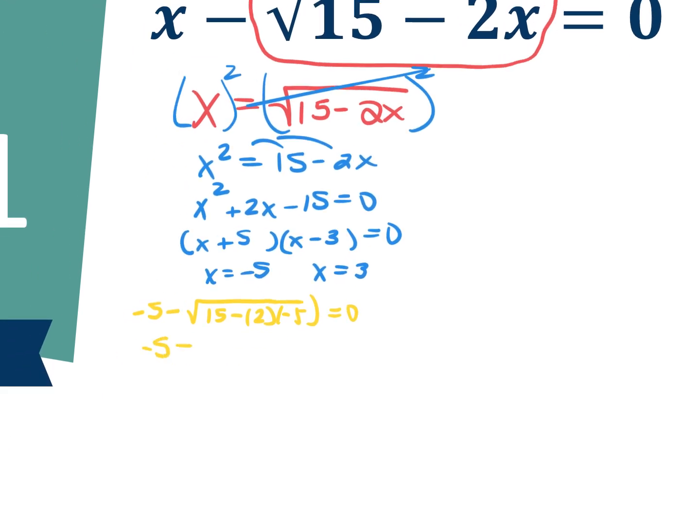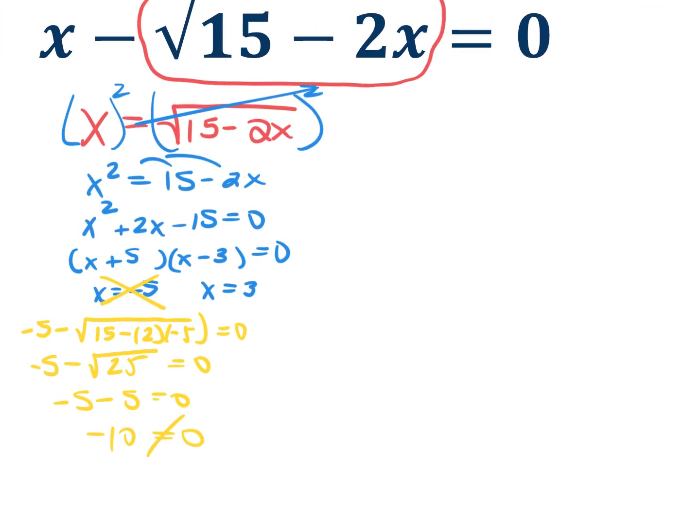So 15 minus, well, negative 2 times negative 5 is 10. So 15 plus 10 is going to give me 25. So negative 5 minus the square root of 25, which is 5, equals 0? Negative 5 and negative 5 is negative 10. Does that equal 0? No. So is negative 5 an actual solution? No, it's not.